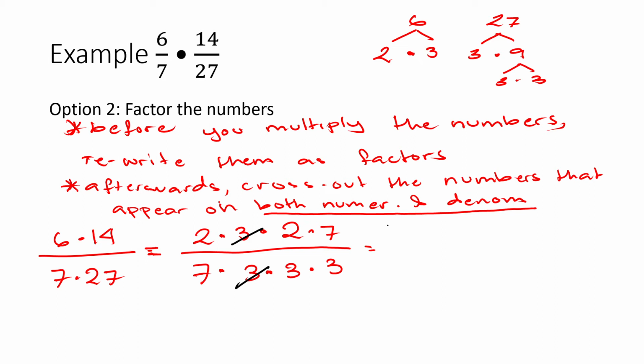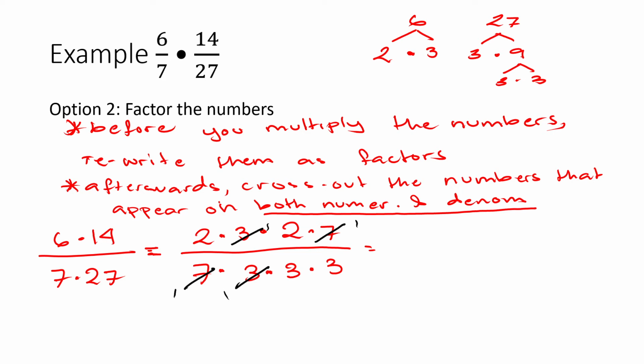It's 7. Good job. Well, let's cross them out. 7 and 7 are gone. A quick note, when we cross out numbers in this option, what we're actually doing is they don't turn to 0. They turn to 1, okay?